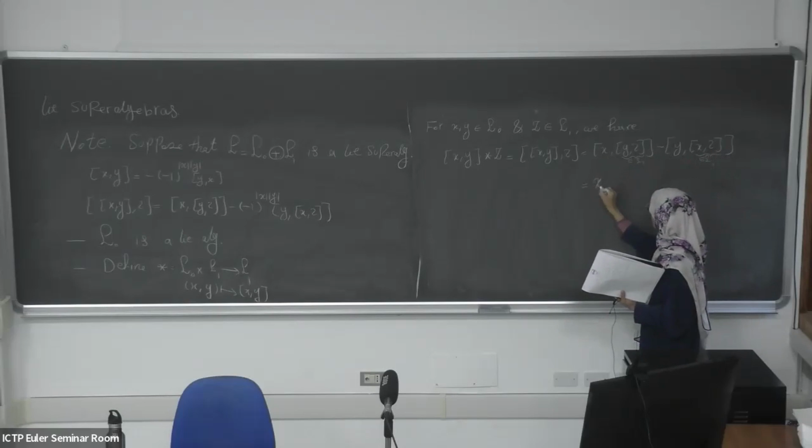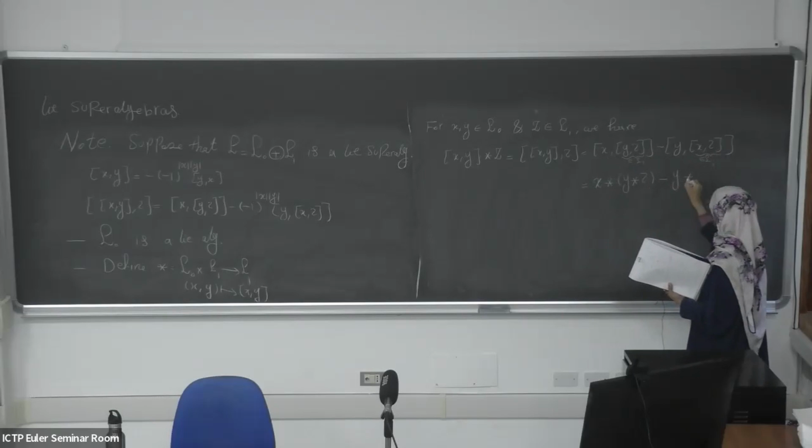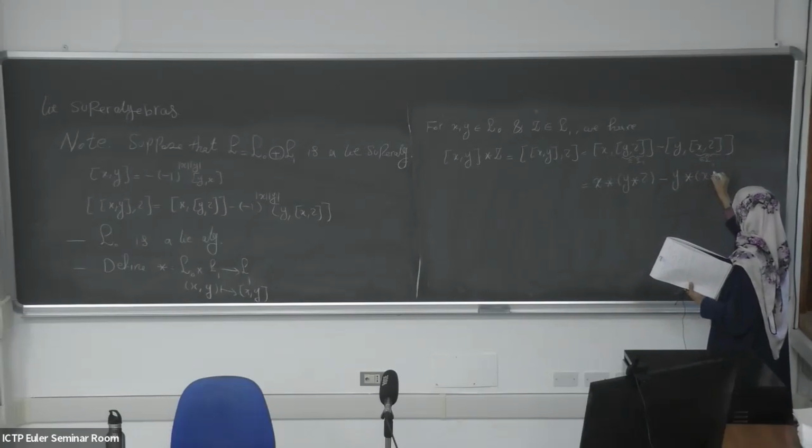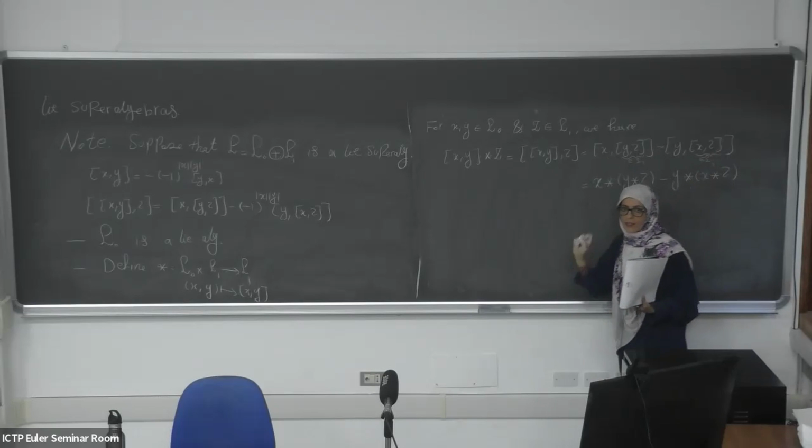So here we have x star, y star z minus y star, x star z. What is this? A module.